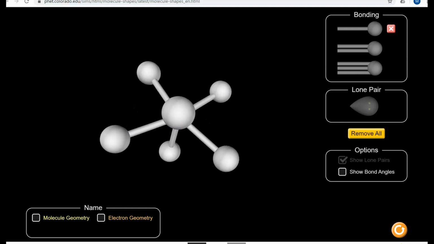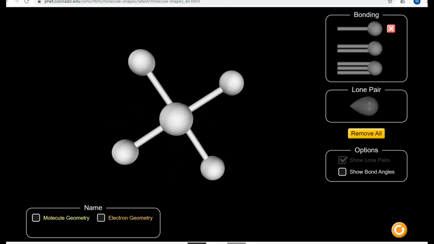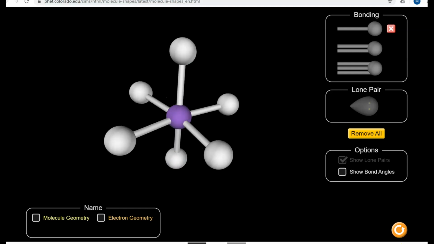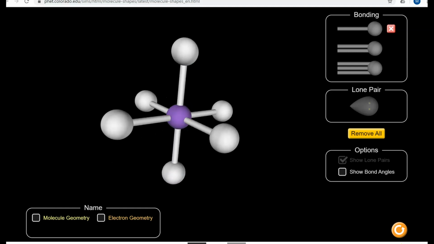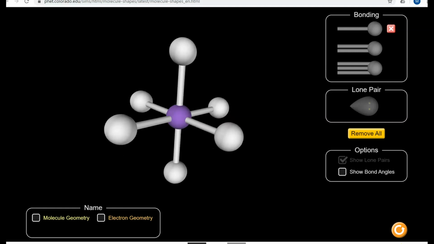But let's take a look from the top. What's the angle between the equatorial positions? You see it's 90 degrees between all of them, right? What's the angle between the equatorial and the axial? Still 90.